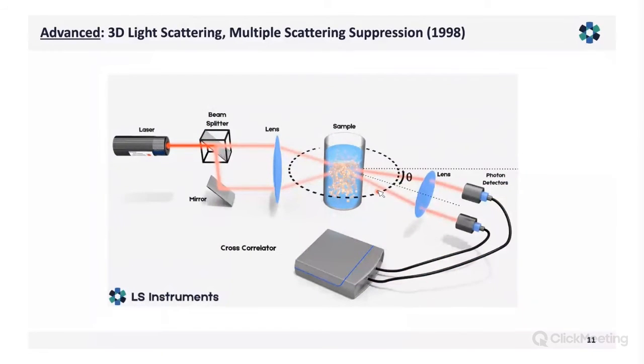The basic idea of 3D light scattering is that now we work with two beams instead of one beam. So we have two experiments running at the same time. This is illustrated in this graphical sketch. We have a beam splitter: half of the initial laser beam goes up, half is guided down.